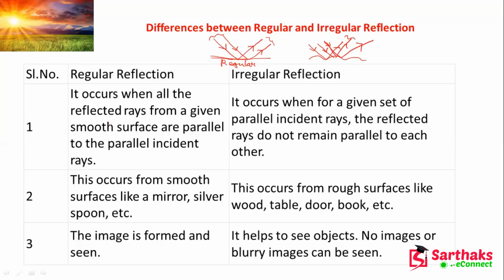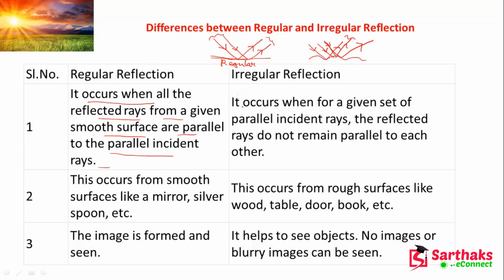Regular reflection occurs when all the reflected rays from a given smooth surface are parallel to the parallel incident rays. So if all the incident rays are parallel, all the reflected rays will be parallel.